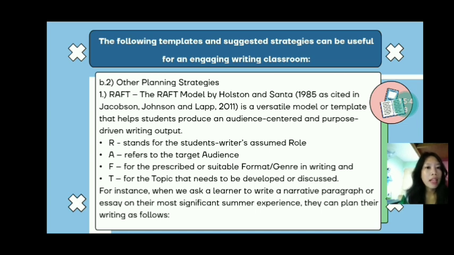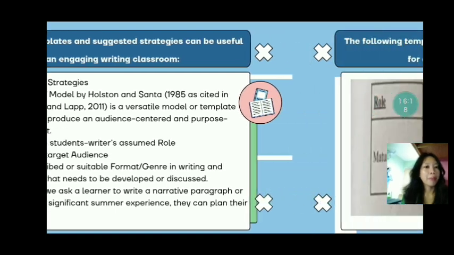So RAFT stands for R for the writer's assumed role, and A refers to the target audience, F for the prescribed or suitable format or genre in writing, and T for the topic that needs to be developed or discussed. So, for instance, when we ask a learner to write a narrative paragraph or essay on their most significant summer experience, they can plan their writing as follows.